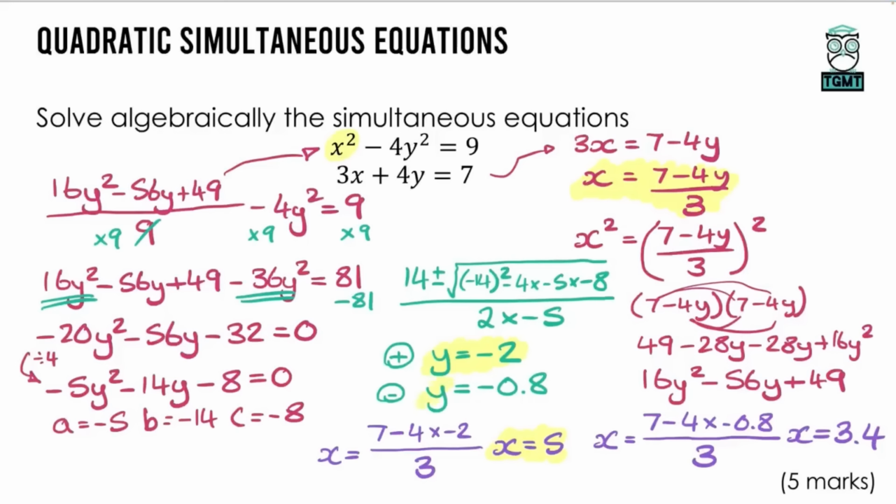And we also have y is equal to negative 0.8, and in that scenario, x was equal to 3.4. So a very complex quadratic simultaneous equation. Even just looking at all that writing, there is a huge amount there, so it's really important to keep this incredibly neat and tidy and ordered when you are doing this on the page. But there you go, there is a pretty tricky quadratic simultaneous equation.